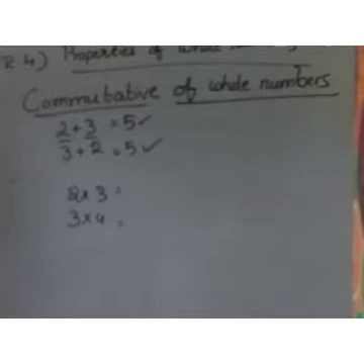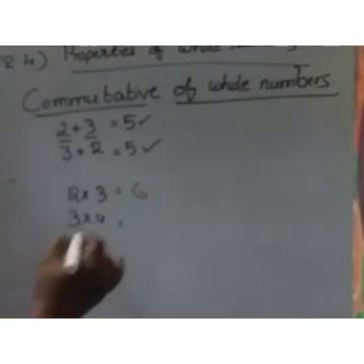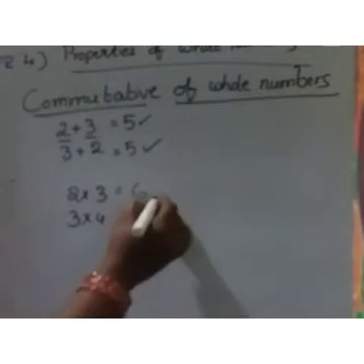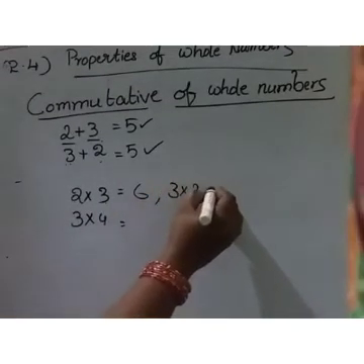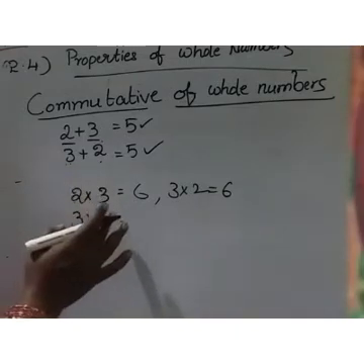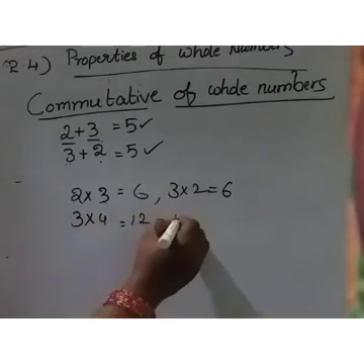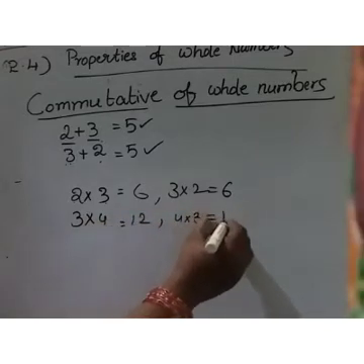Next, in multiplication, 2 into 3 is 6, and 3 into 2 is also 6. In multiplication also, when we change the places, we get the same answer. 3 into 4 is 12, and 4 into 3 gives the same answer.